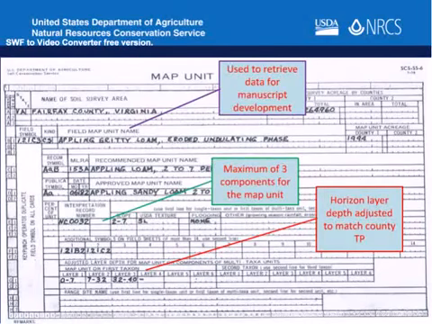We have the soil survey area name, we have the particular map unit, and we put in either the field name or the publication name. We were allowed a total of 3 components within that particular map unit. And so typically only the major components, named components, were put on this form.